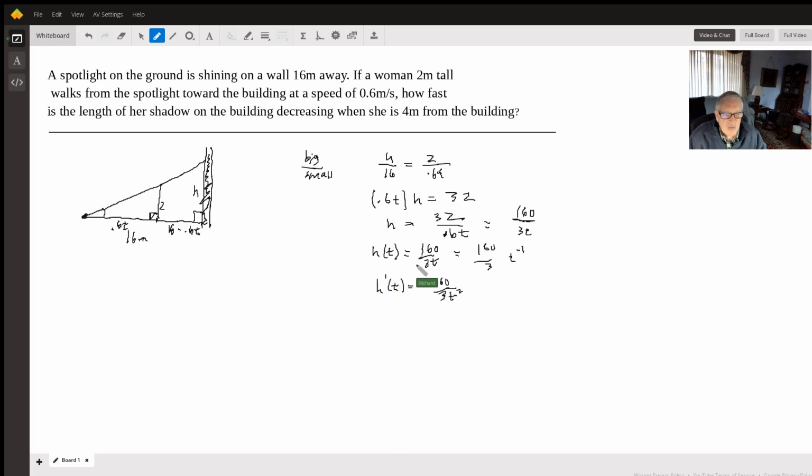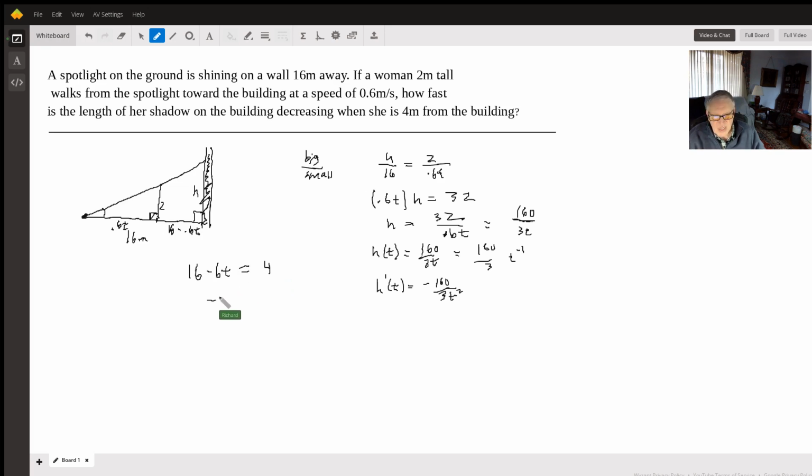Now we just want to know the rate when she's exactly 4 meters from the building. So when she's 4 meters from the building, 16 minus 0.6t is equal to 4.